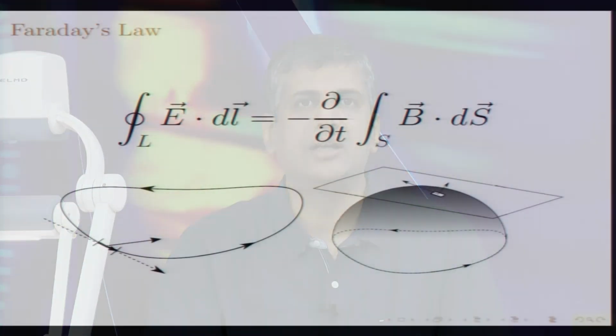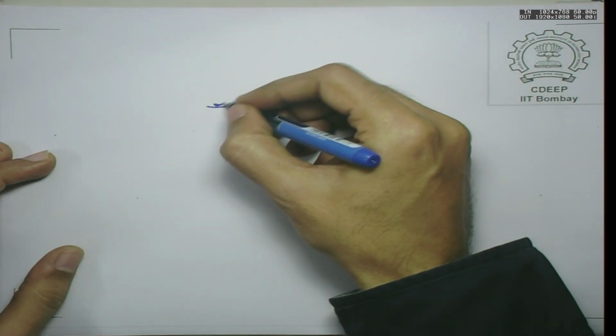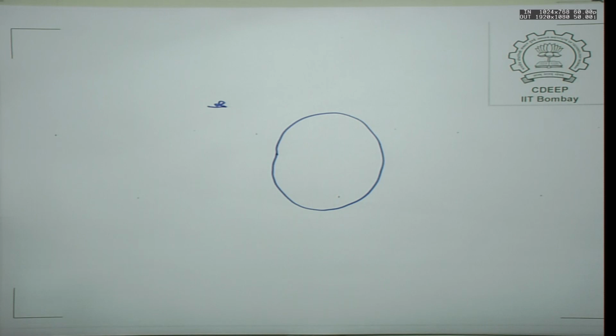So, can we just go back to Faraday's law? We will now consider circuits which use these idealized elements. If you look at Faraday's law, it simply says that E dot dl along a closed loop is equal to minus d by dt of B dot ds. Remember, this formula, Faraday's law, is valid for any loop in space.